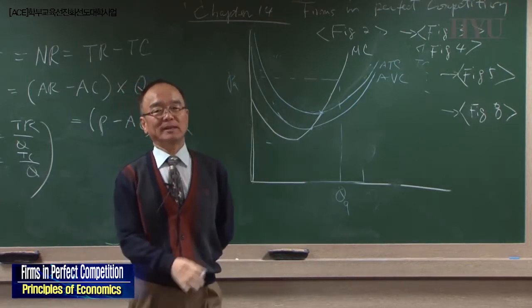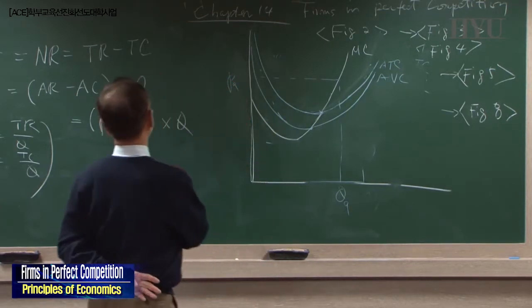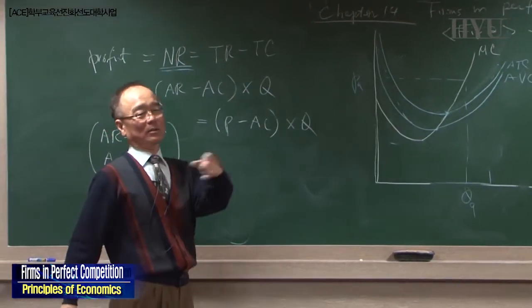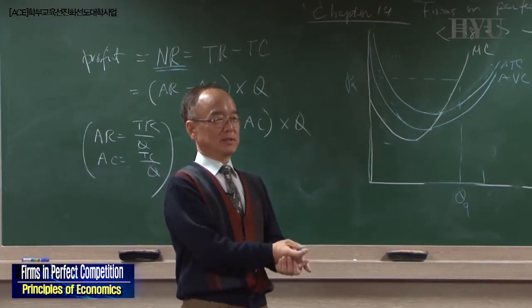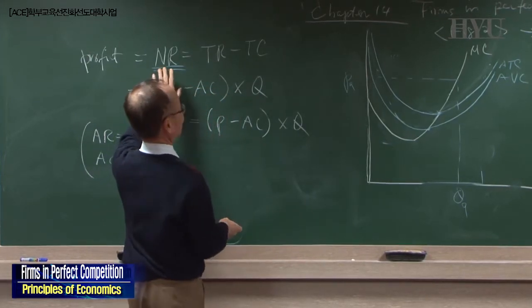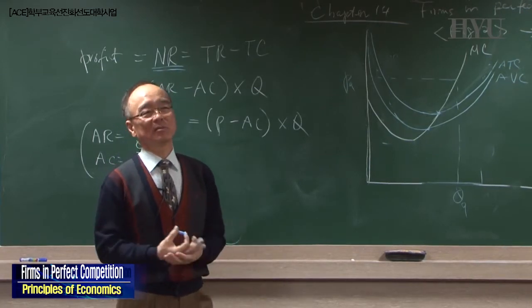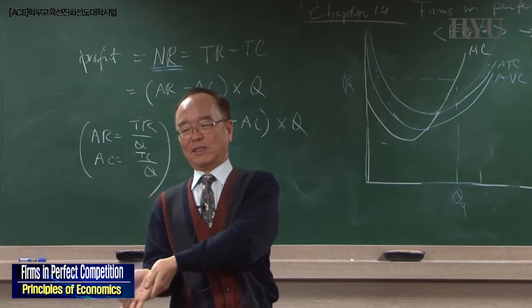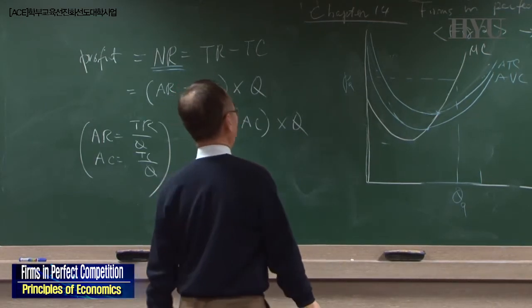What is our interest in knowing this net revenue? Remember, our goal is always to maximize net benefit, in this particular case, net revenue. So a firm's goal is always to maximize what? Net revenue, also known as profit.